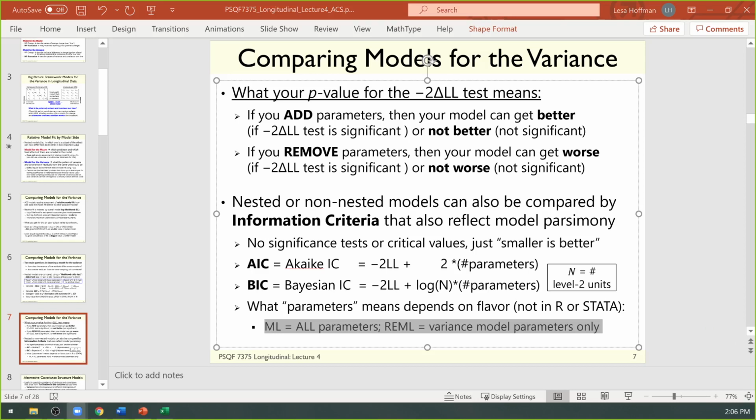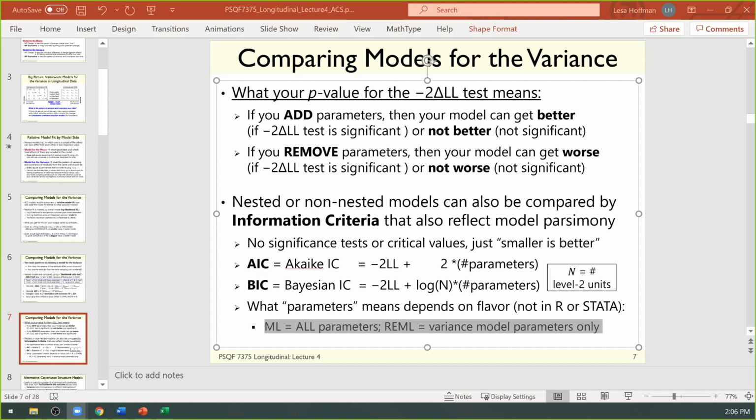The calculations here are relatively straightforward. This is a vocabulary exercise. That is what I intended. So if I say saturated means, I want you to think in your head, okay, how many occasions? If I have 6 occasions, that's 6 fixed effects, because I have 1 intercept and 5 mean differences. And if I say unstructured variance, I want you to think, okay, how many occasions do I have?